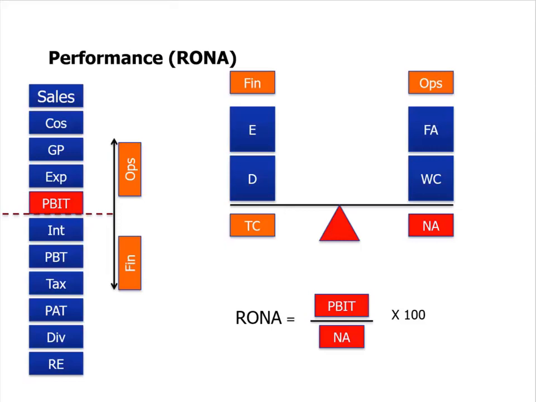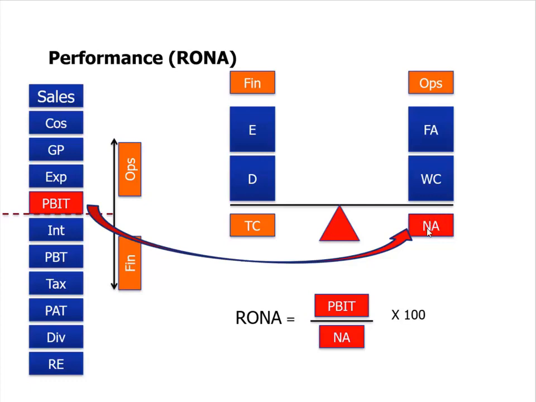First measure that we're going to look at is referred to as RONA, or the return on net assets. And what this is measuring is the profit from the operations. We call this operating profit, and it's measuring that amount of profit against the net assets that are used in the operations.